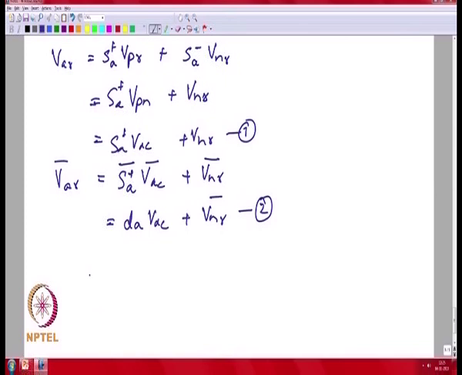Similarly, one can write the switching function relation for the DC bus positive current: IDCP is SA plus times IA, which is the switching model of the current.